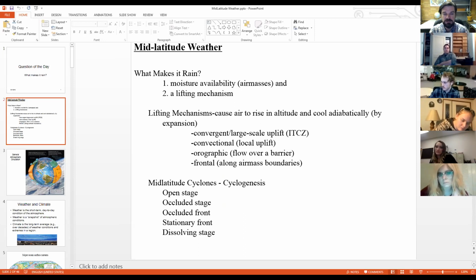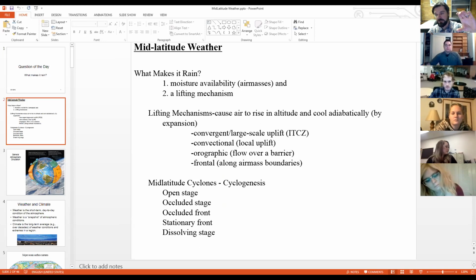And so we're going to look at some other types of mechanisms. That one is called orographic uplift, and that's basically mountain lifting of an air mass. You can't go through the mountain, so it has to go over, and that lifting, as you remember from the dry adiabatic lapse rate, there's these rates of change that roughly every 1,000 meters or 3,000 feet you change about 10 degrees Celsius, right?